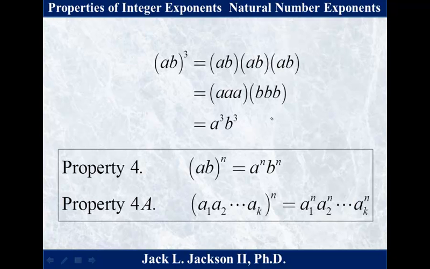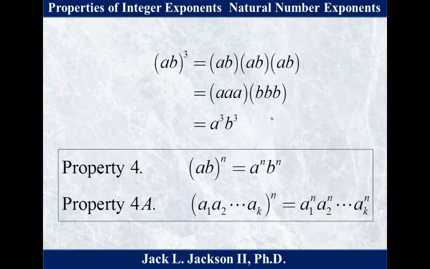Now, a couple other things here. If you have a times b, cubed, that's a times b times a times b times a times b. Because of the associative and commutative properties, we can rearrange and regroup these things in any order. It's all multiplication, so we can reorder and regroup so that we pull all the a's together at the front and the b's together at the back.